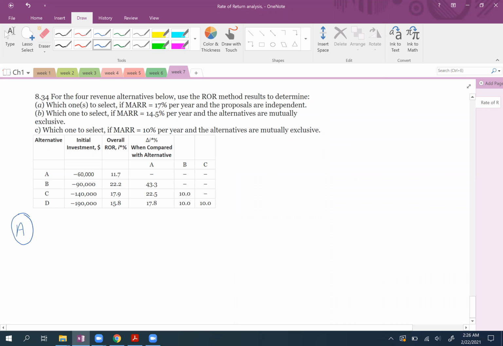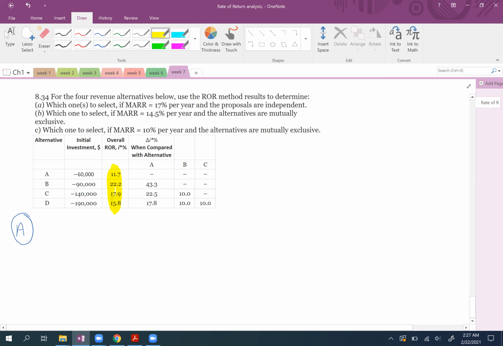If you recall, we said when the projects are independent, it means that we are comparing them with do nothing. So when MAR is 17%, you also have the rate of return already given for each alternative over here.